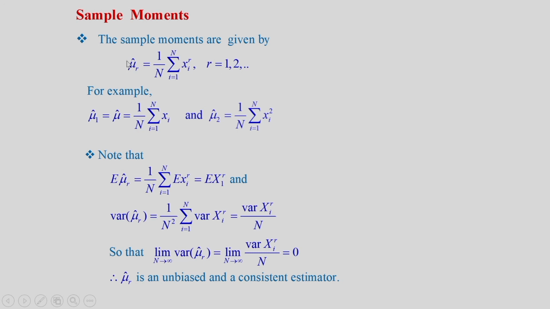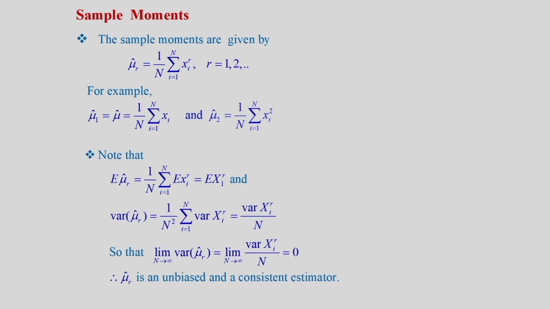For example, when we put r equal to 1, we have mu 1 hat, that is mu hat, the sample mean, given by 1 by n summation xi, i going from 1 to n. Similarly, mu 2 hat, the estimate for the mean square value, is given by 1 by n summation xi square, i going from 1 to n. So, we have defined moments and the sample moments.